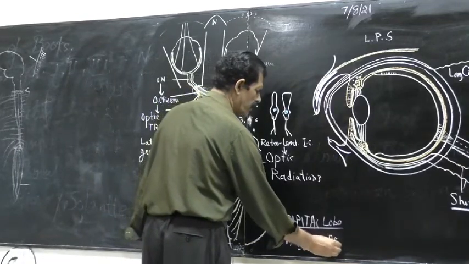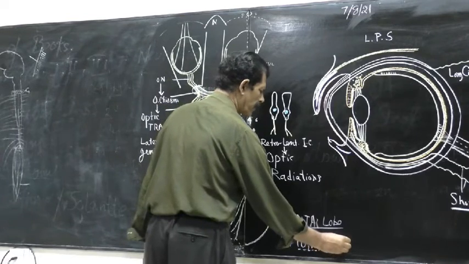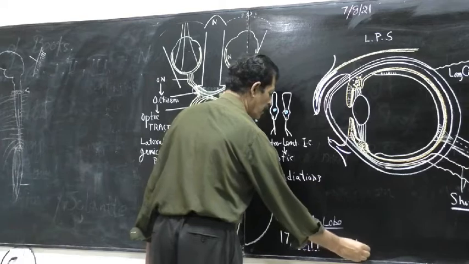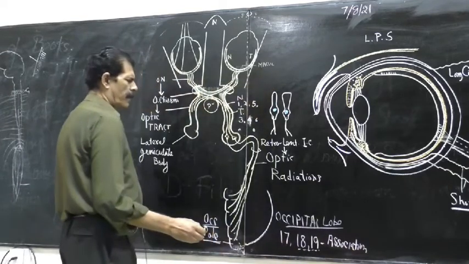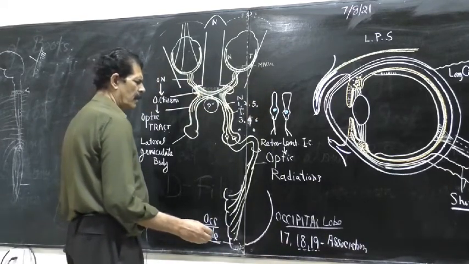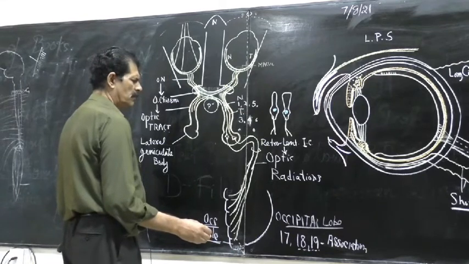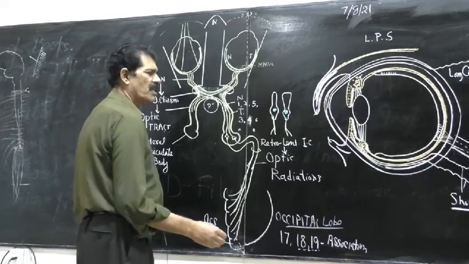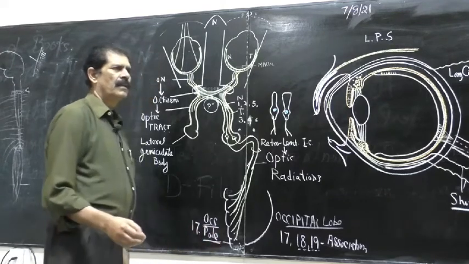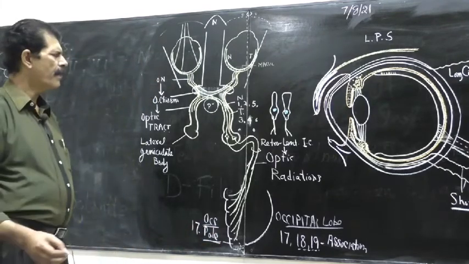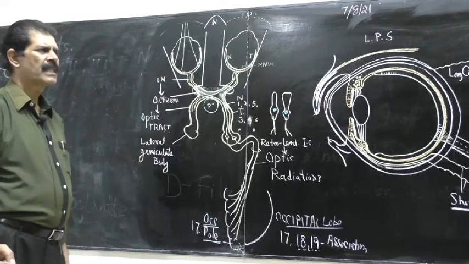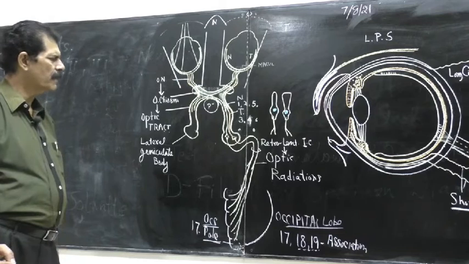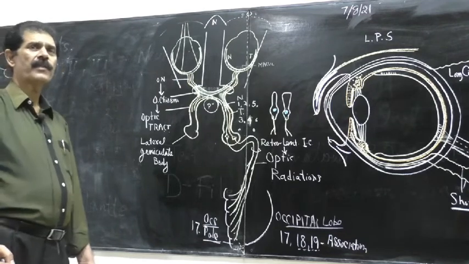They are the association fibers. And the association fibers are present on the upper and lower part of the calcarine sulcus, on the medial surface of the occipital lobe.